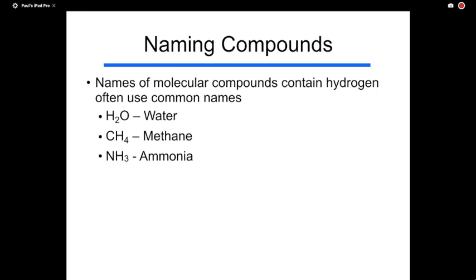Gas. It's the natural gas line that comes out. So to your house, you get methane piped in. And then the last one is ammonia. Those are just common names. I have no idea why we've chosen those three and gave them some other name than the other way that we named them.